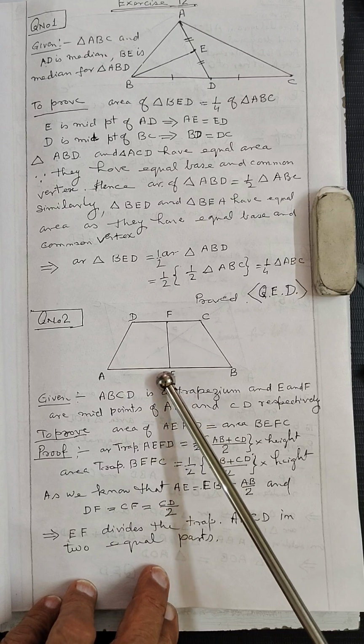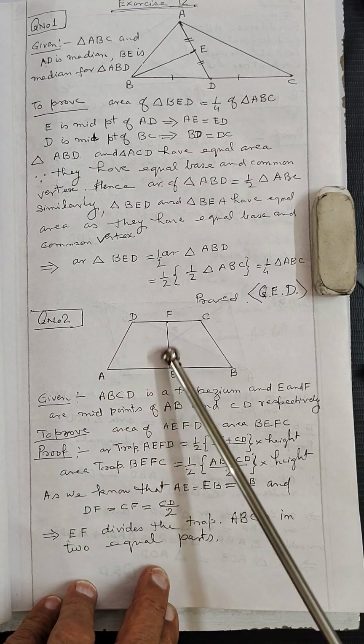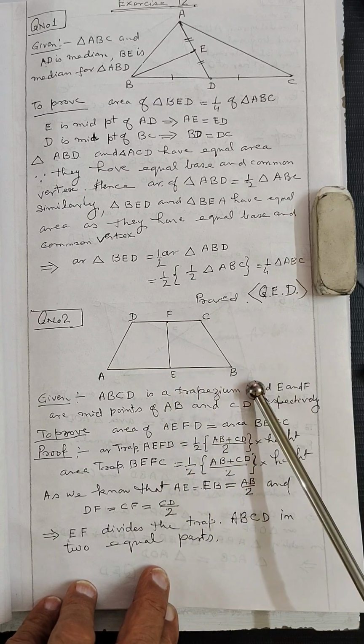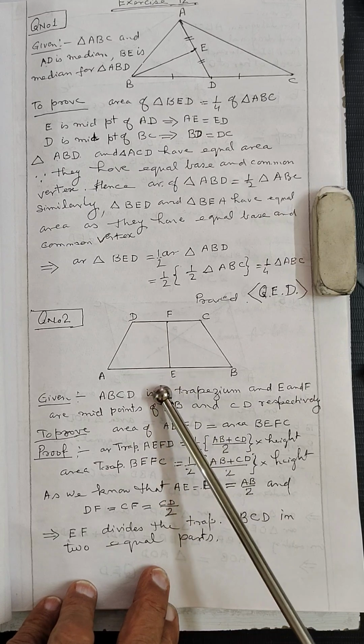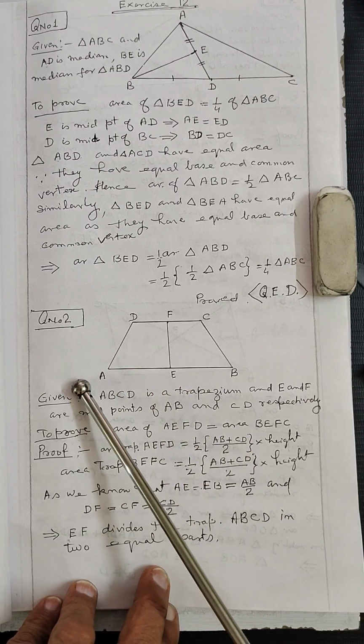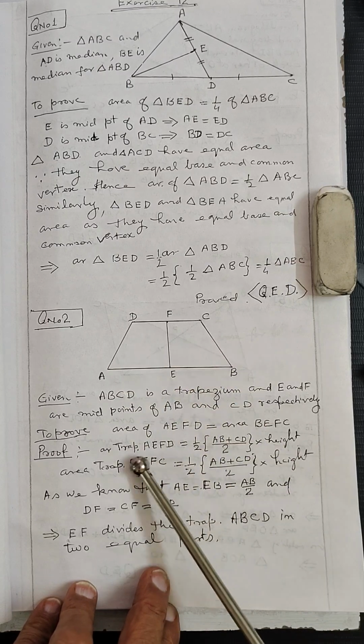Once we have divided, again the DF will be parallel to AE, FC will be parallel to EB. So the two sides are already parallel, means one pair are parallel. Non-parallel side, it means that these two are trapezium again.